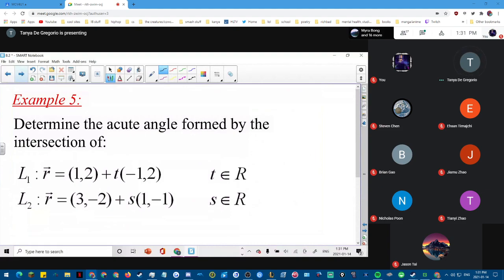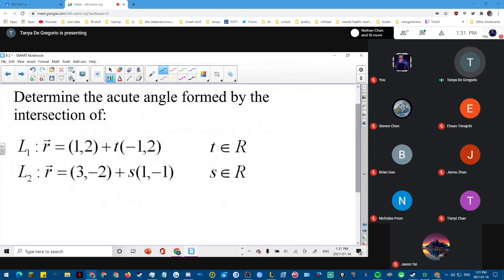Okay, example 5. Determine the acute angle formed by the intersection of these two lines. So here I have two lines, and I want you to notice that I had to use different parameters here. I can't use t for both because t is not going to be the same for both.